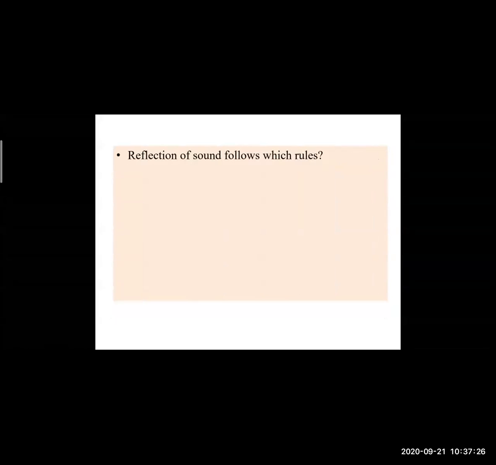Next, we have seen that the reflection of sound follows the rules which we studied in lesson number 11 for light waves, with the incident ray, the reflected ray and the normal.